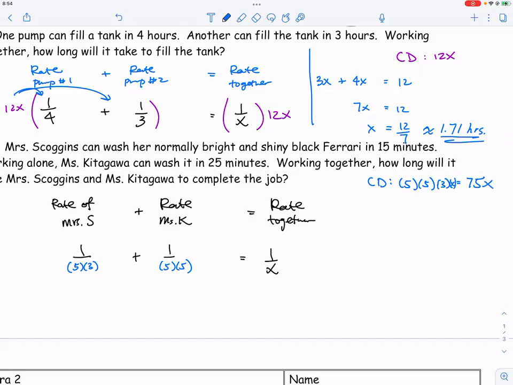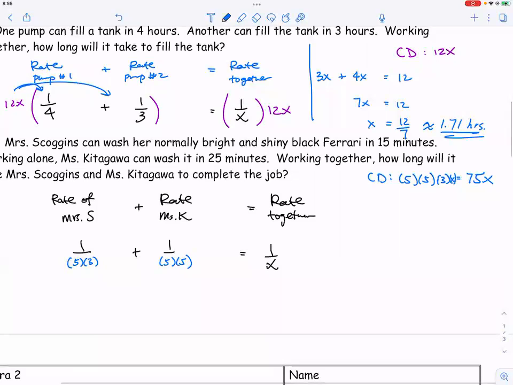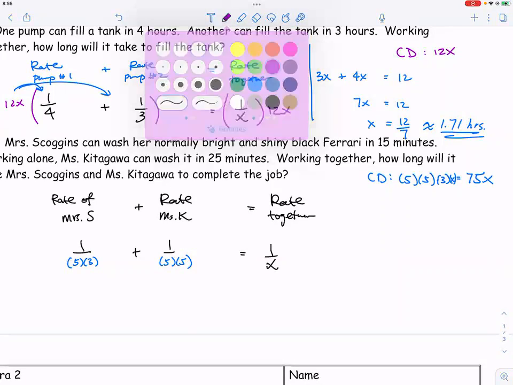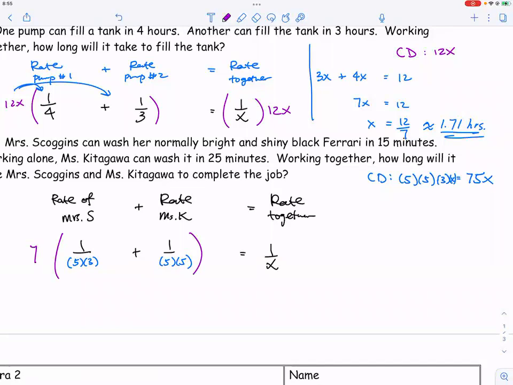So you have 75x. If you're not very fluent with the multiples of 15 and 25, you can just break it down to factors, just like we do with x plus 1, x minus 4, those kinds of things. And you can find the common denominator being 75x.